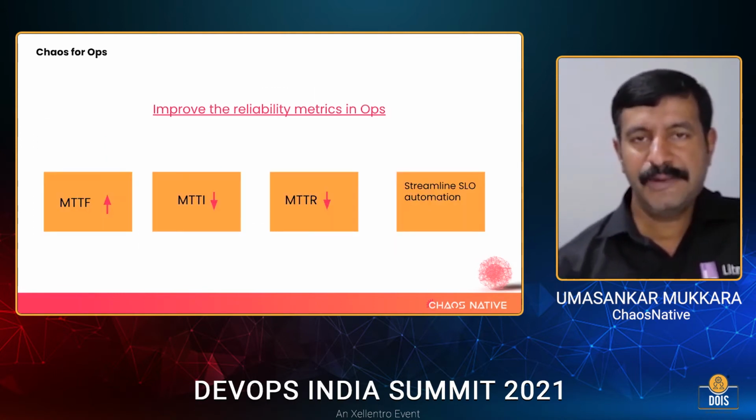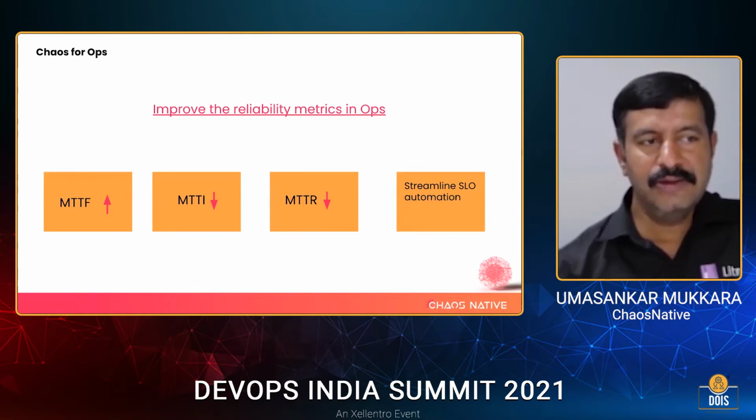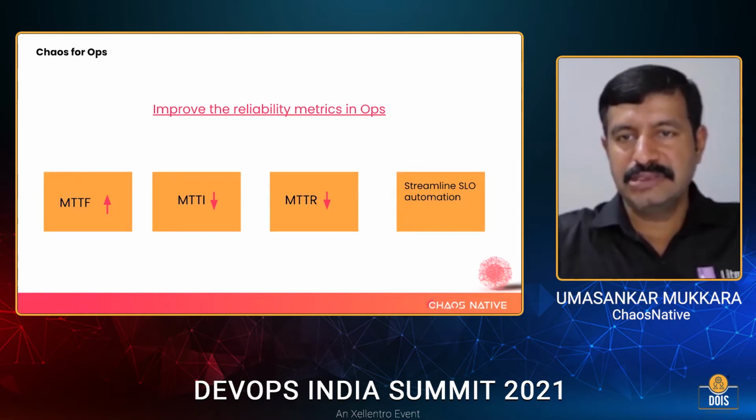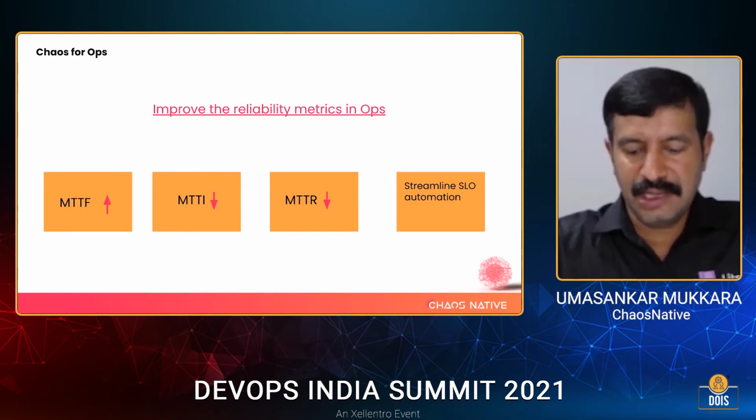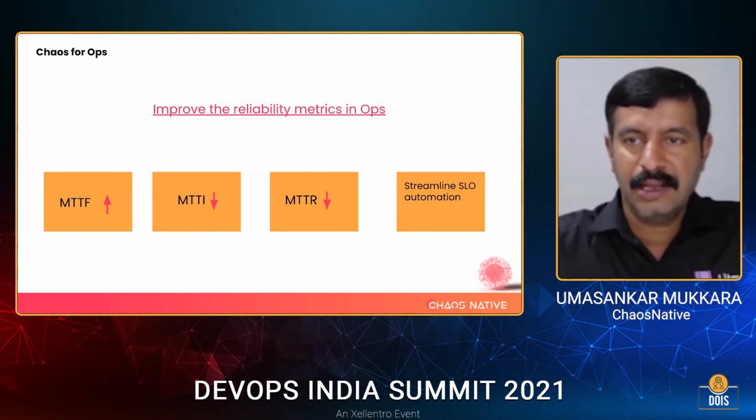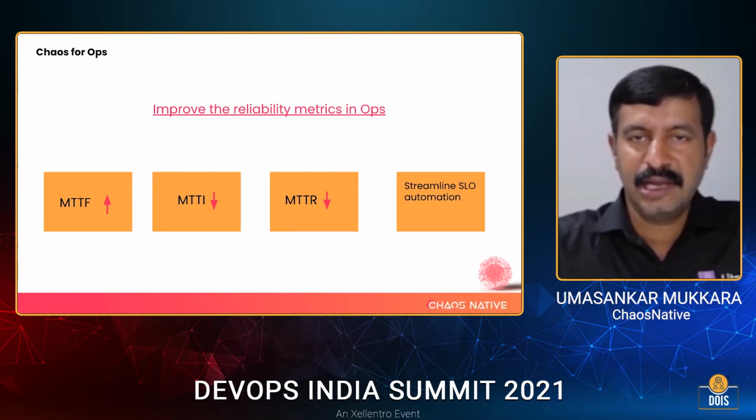So in terms of operations, what you will typically look for when you adopt chaos engineering is that it is supposed to increase mean time to failure and reduce the recovery rates, MTTR, right? And this is generally achieved by identifying this parameter and measuring it. The parameter is MTTI, mean time to inject or mean time to identify, right?